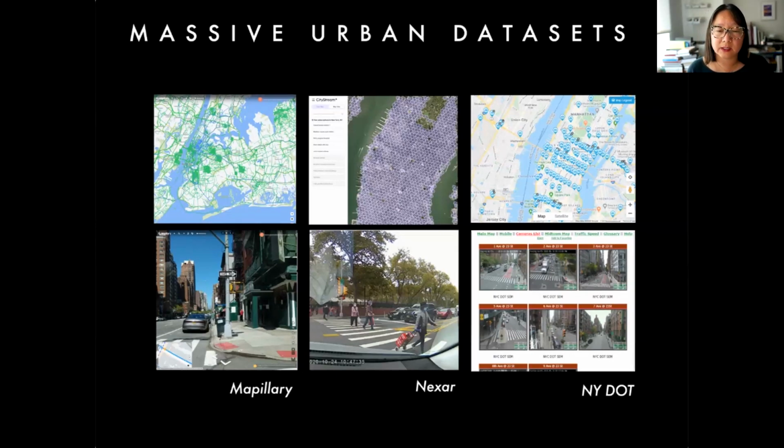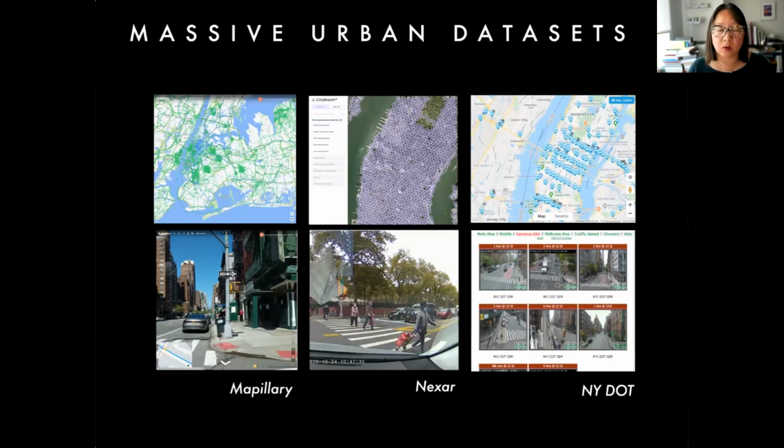Because both the Mapillary and the Nexar type data sets are really sporadic, it was important when we were looking at what sorts of activity was going on in the city to put that against the ground truth of something where you have an always on camera. The New York City Department of Transportation has traffic cameras deployed mostly in Manhattan, and some other high traffic areas in Brooklyn and Queens.